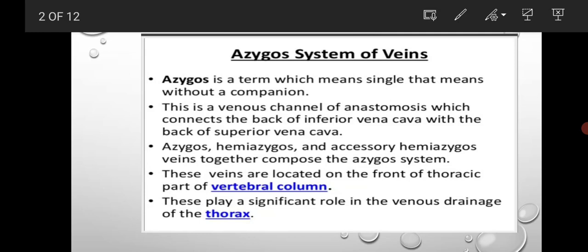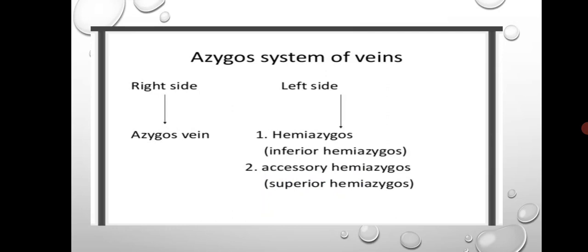Okay, and it provides venous drainage from the thorax and upper lumbar region. Then the azygous system of veins: whatever the venous drainage on the right side, it will be by the azygous vein.